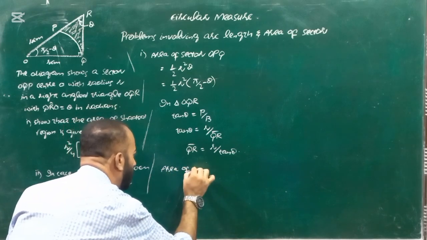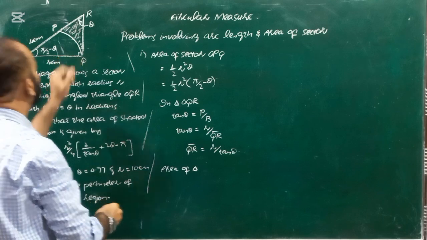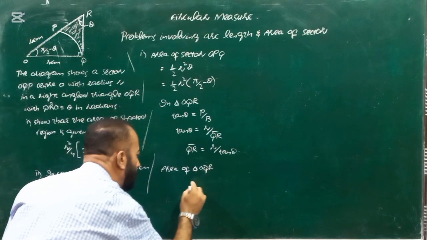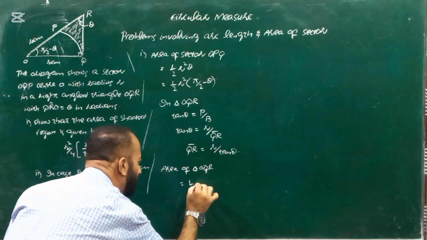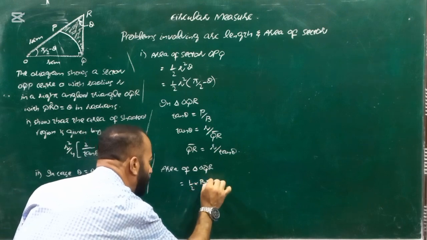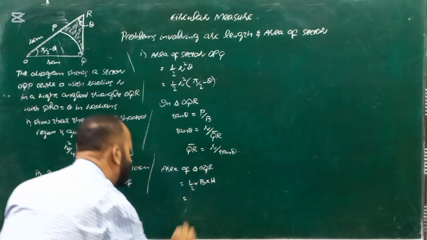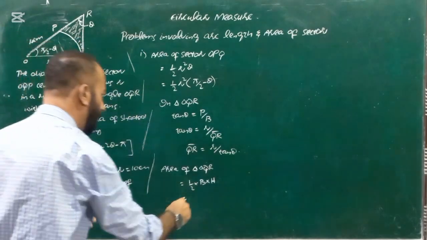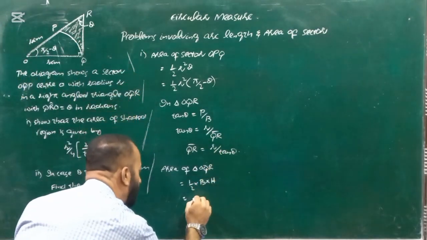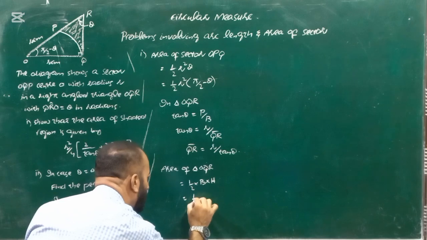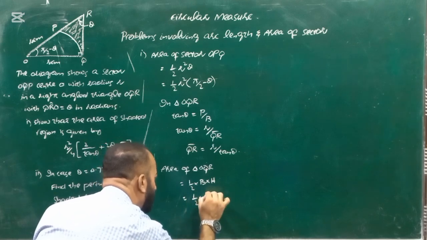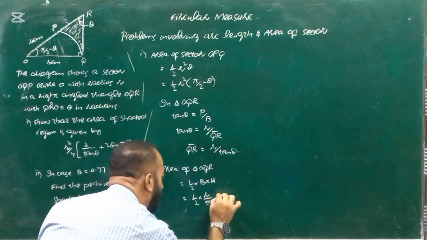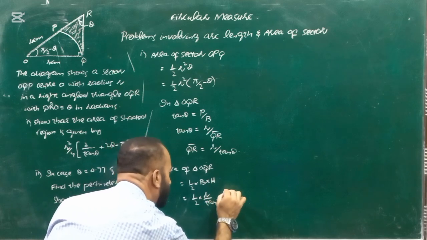Now the area of triangle OQR will be equal to 1 by 2 into base into height. So 1 by 2, base is QR and QR is r over tan theta, and height is r.